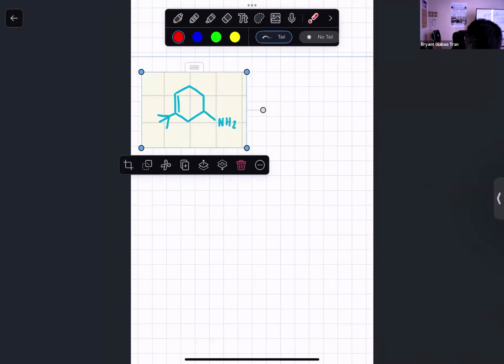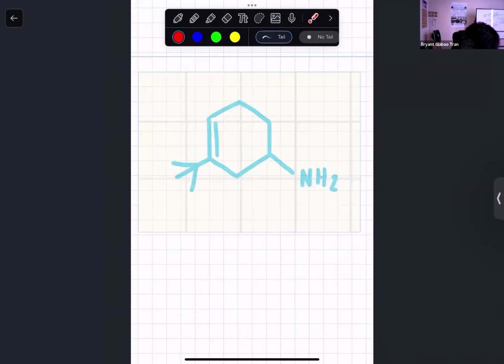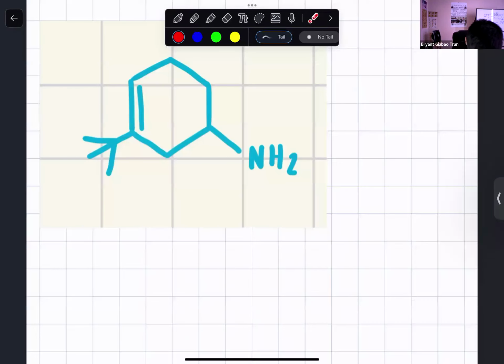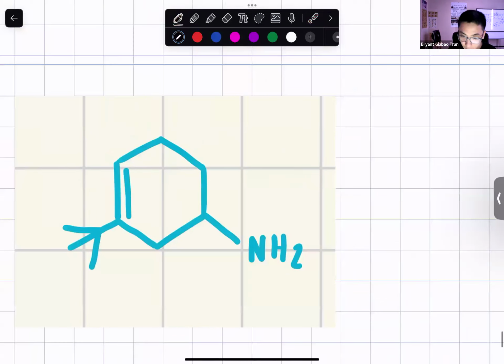So, Elysia's question is, which bonds in this molecule will have resonance frequencies in the functional group region?